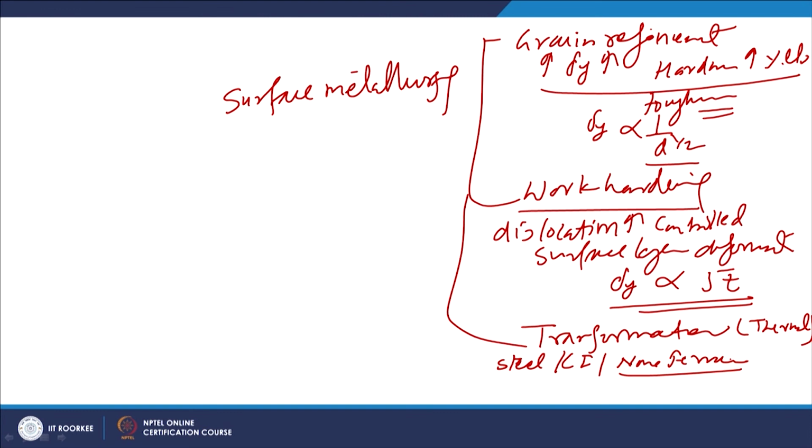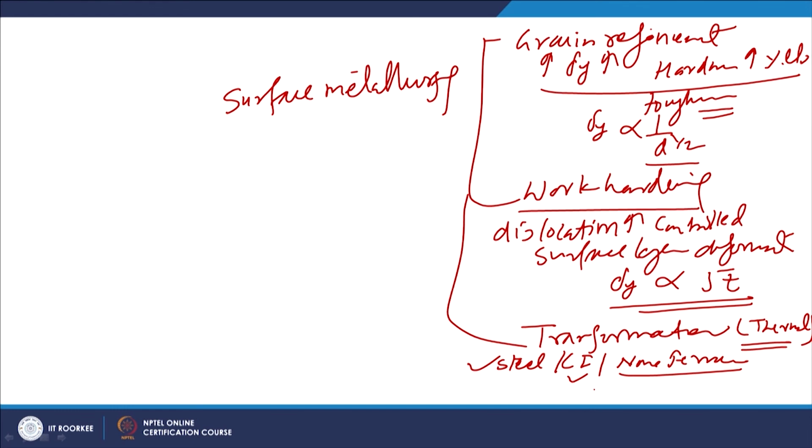It relies on two approaches. Either transformation hardening will occur, or the grain structure will be refined if melting takes place. So, in thermal methods, if transformation hardening, like in the case of high carbon or medium carbon steel, is facilitated, then it leads to improvement in hardness through the martensitic transformation, and the same concept is applicable in the case of cast iron also.